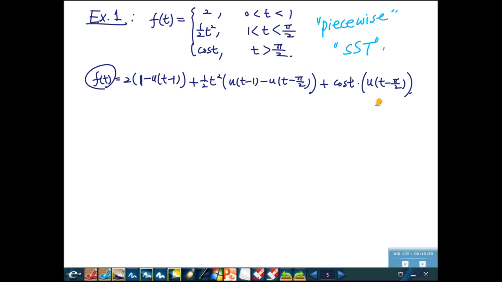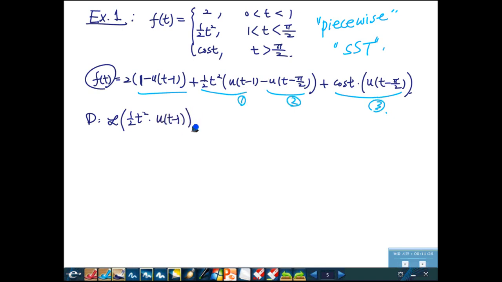And the Laplace transform of the first one is 2 over s minus 2 times e to the minus s over s. This is from the table, right? No trouble. And so we have to get 3 functions using SST, the second shifting theorem. So the first one, the Laplace transform of t squared times u of t minus 1.